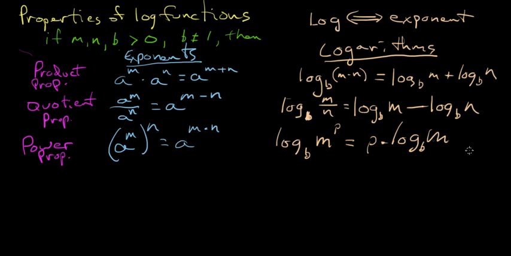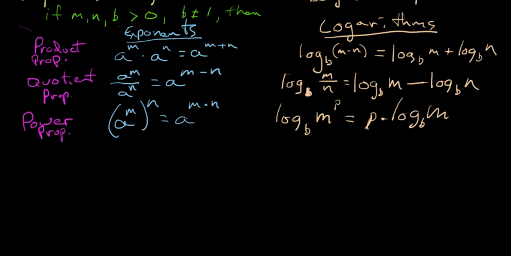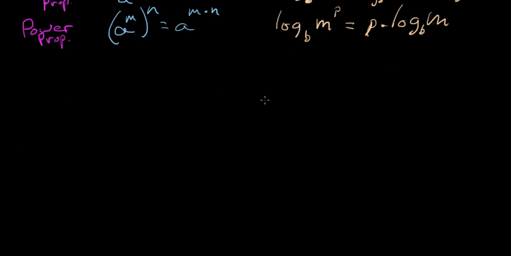But anyway, p times log base b of m, and I'm going to do an example of each one of these, okay? To start with, we have to change to this different color now. I'm going to show you an example of the first thing, and that's the product property.